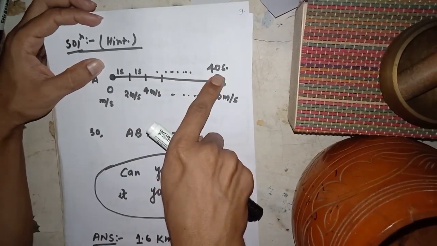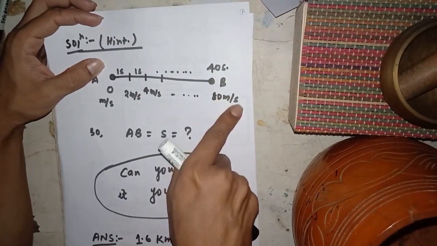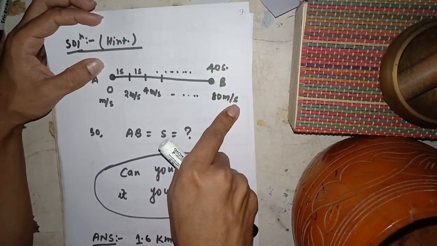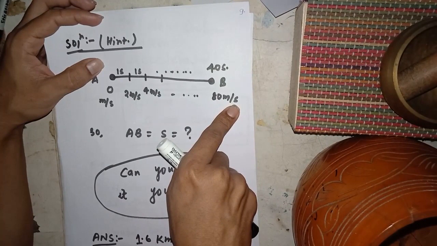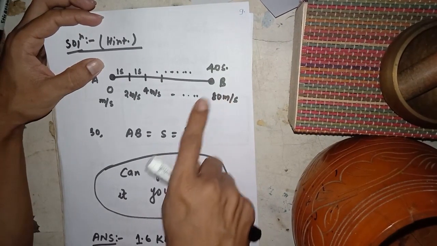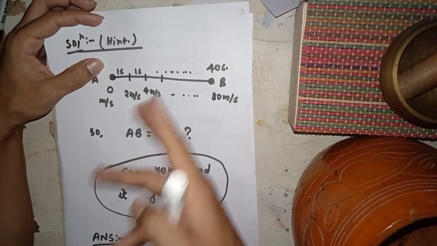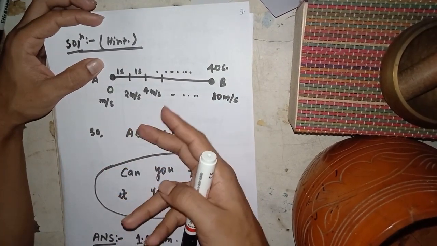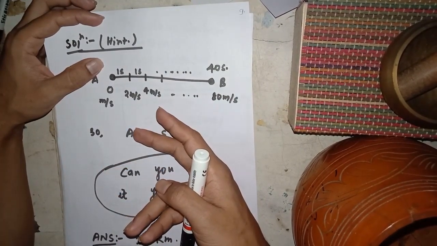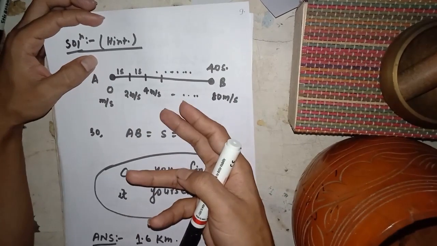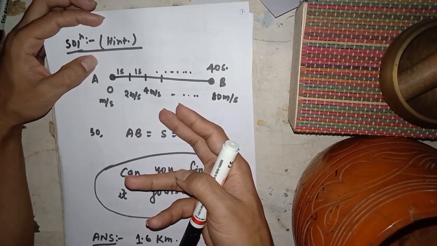And after 40 seconds its velocity becomes 80 meter per second. This is the observation you get from the question, the real meaning of acceleration in a practical situation. Are you clear?